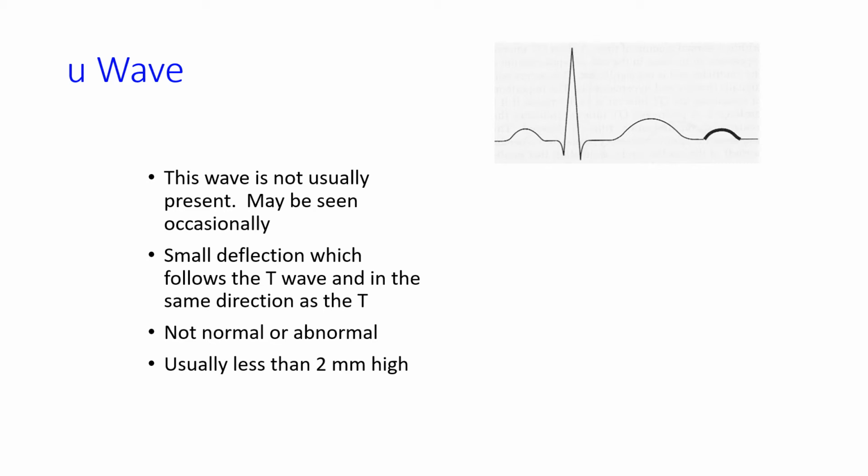If you're hypokalemic, your T waves will be very low voltage, and oftentimes will have a U wave, which is basically another extension of repolarization because you have too little potassium or magnesium. Other things that can cause it are sometimes exercise or ventricular hypertrophy, a CVA, and some drugs can cause a U wave. Again, a prominent U wave indicates a prolonged ventricular repolarization and can have the same implications as a prolonged QT. The size of it usually is less than 2 millimeters high, less than 2 baby boxes.